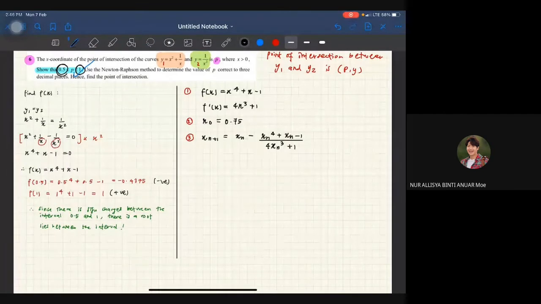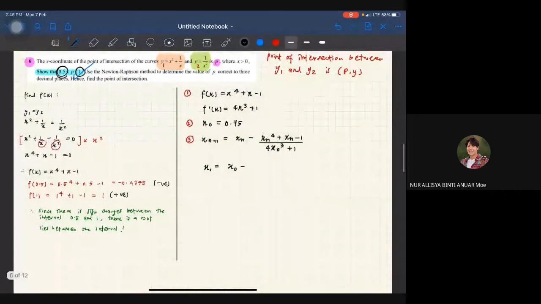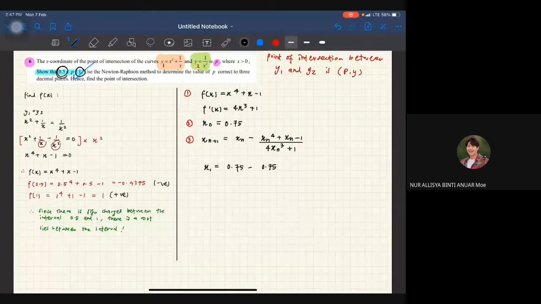Okay, so sekarang first kita mesti cari kita punya x1. So cara untuk cari x1 is x0 minus, saya terus dia tulis. Okay, so x0 kita adalah 0.75 and then minus with 0.75 power of 4 plus 0.75 minus 1 over 4 times 0.75 power of 3 and then plus 1.